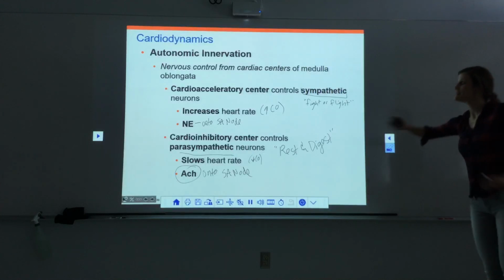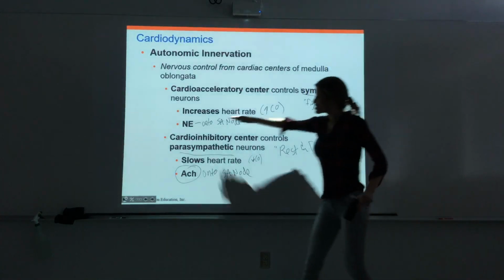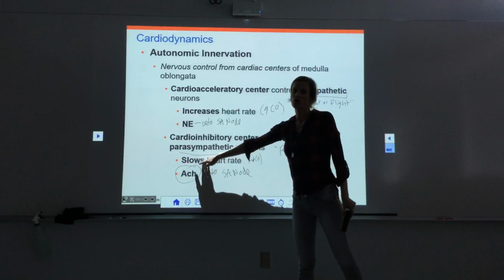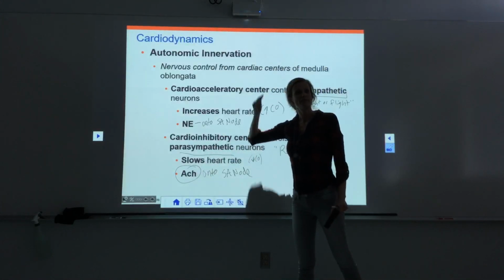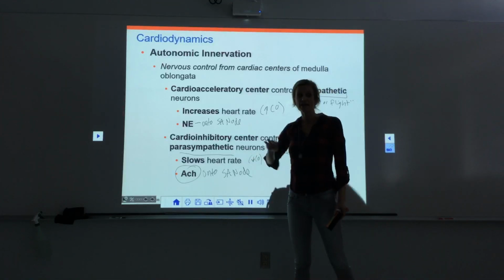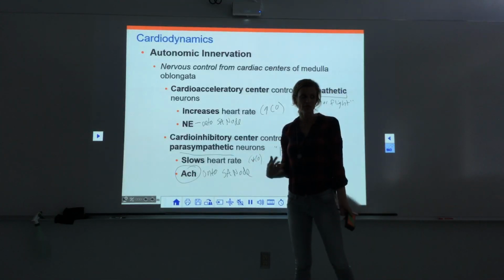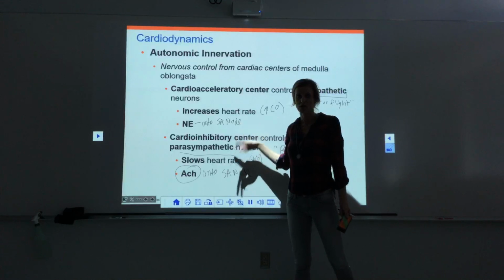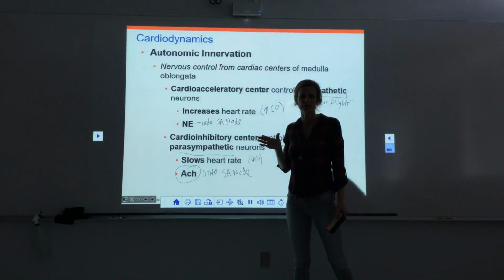Remember, guys, too, that these are just adjusting heart rate. Okay, what sets the basic pace for your heart? The SA node. Remember, the SA node can generate contractions without these. These neurons don't have to tell it to contract.